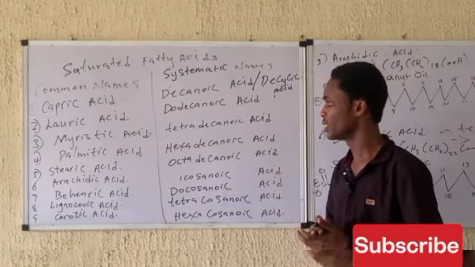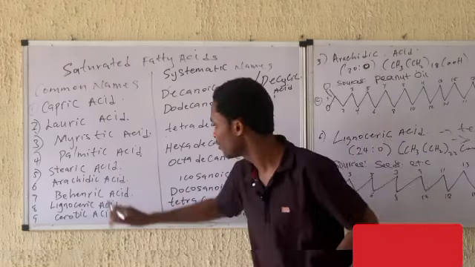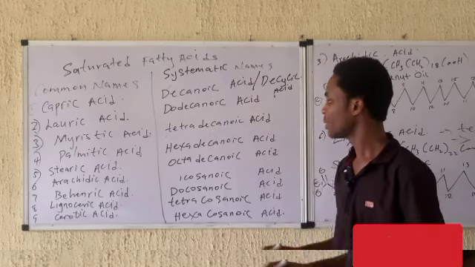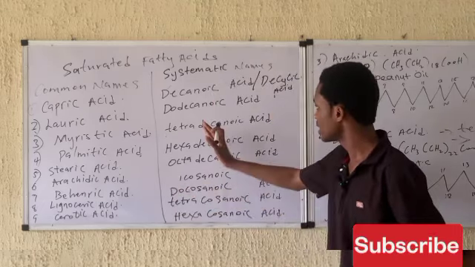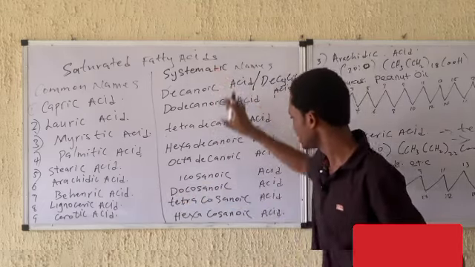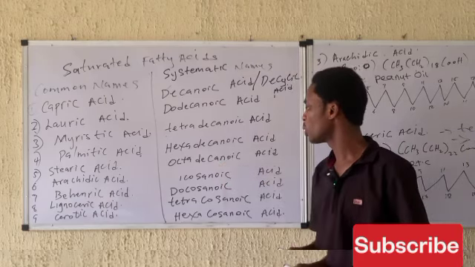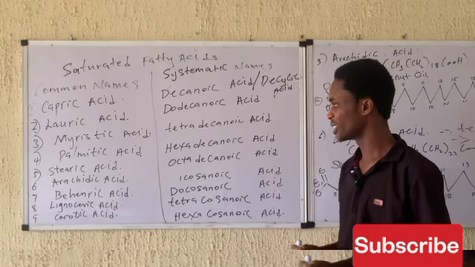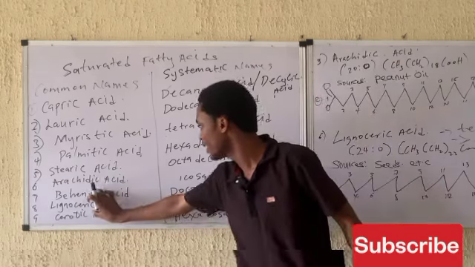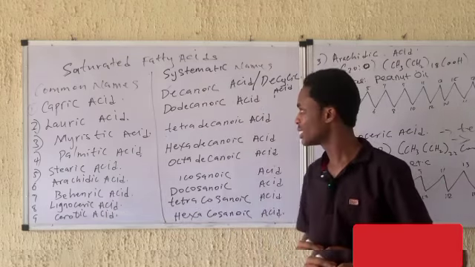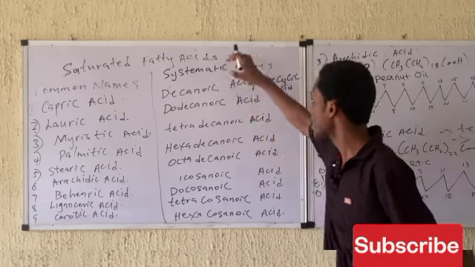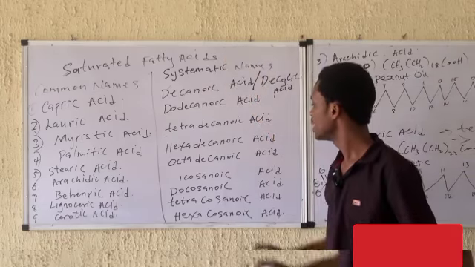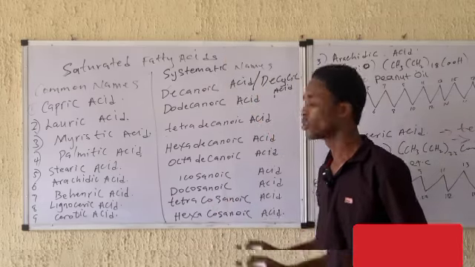It is also correct. Now, number 7, we have behenic acid, also under the common names. Under the systematic name, it is called docosanoic acid. While number 8, we have lignoceric acid as the common name, while under the IUPAC naming or the systematic name, it is called tetracosanoic acid.